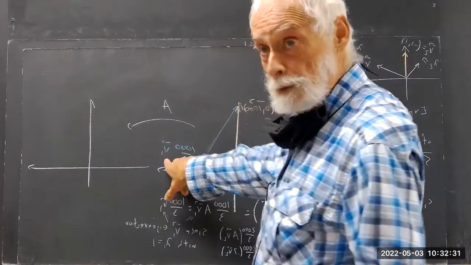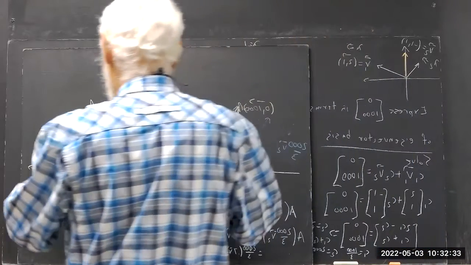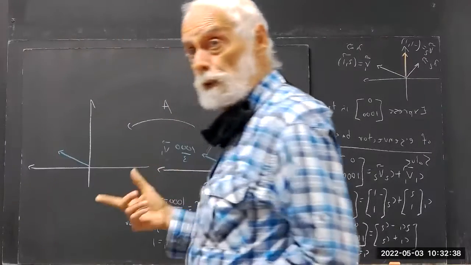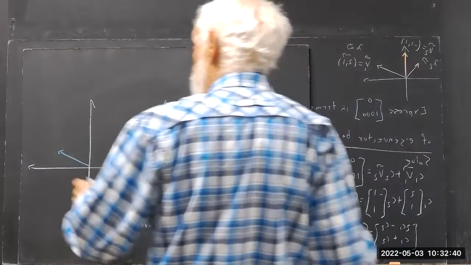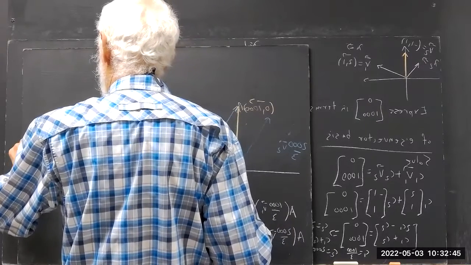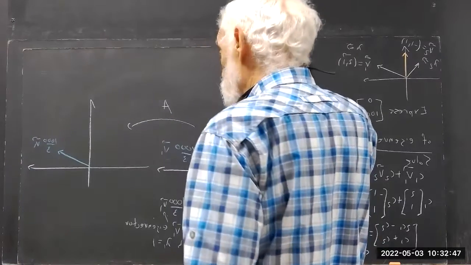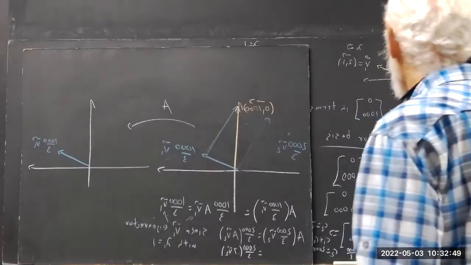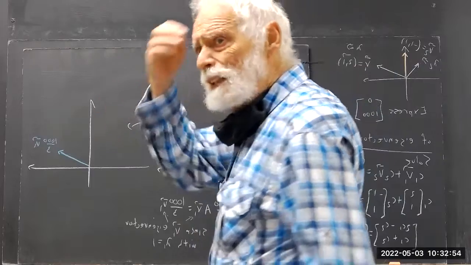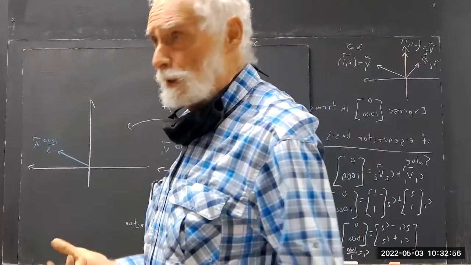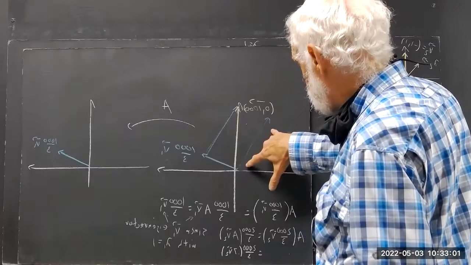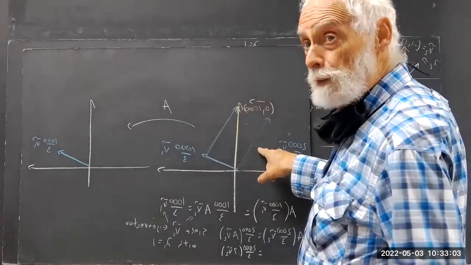This vector isn't going to change because V1 is an eigenvector with eigenvalue 1. So this is still 1,000 over 3 V1. I've got these backwards. I'm not going to worry about it. The process is clear whether I've got them backwards or not. Now, this vector is going to shrink by a factor of 70%.